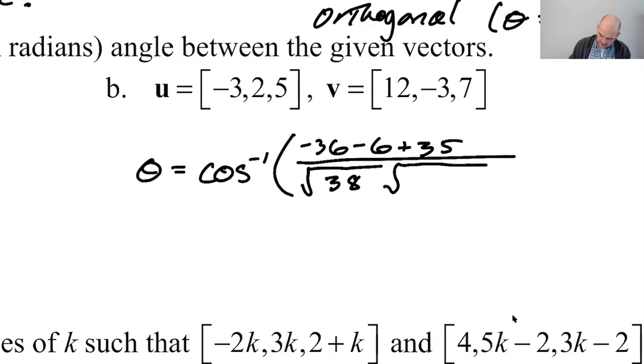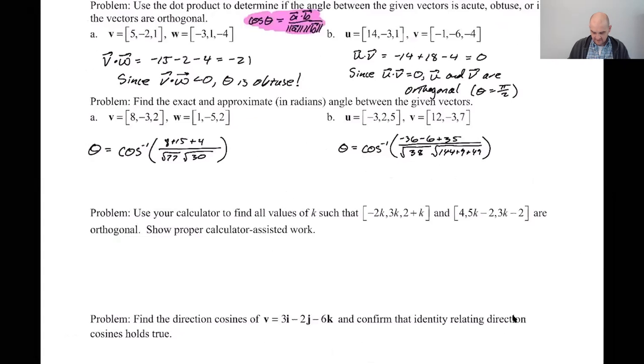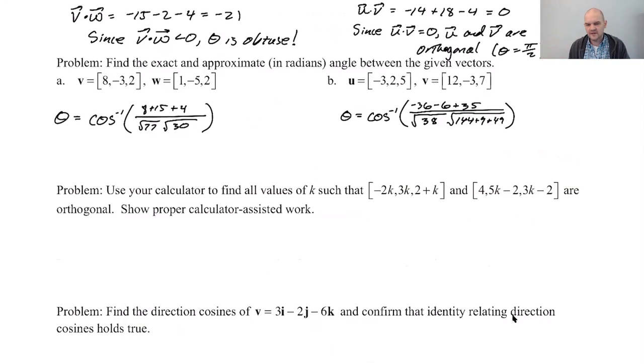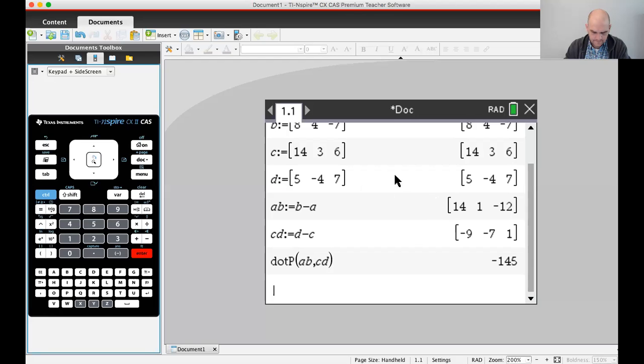I don't really want to simplify this one, so I'm just going to do 144 plus 9 plus 49. These are the exact values. I'm going to use the calculator to confirm them. But by hand, that's as good as you're going to get because those do not appear to be famous angles. So let's go to the calculator and see.